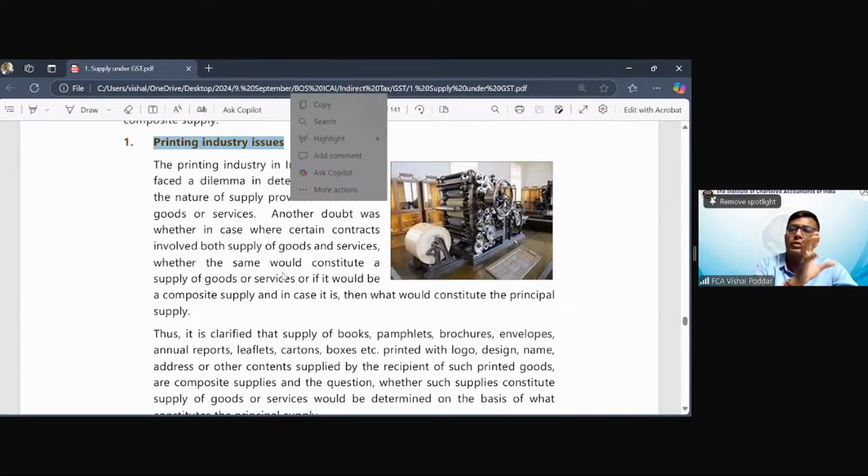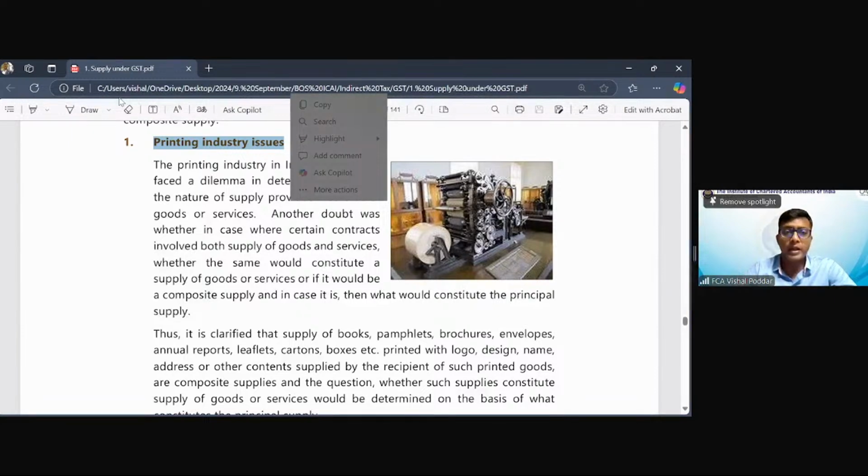And accordingly, the service rate would be applicable, and this whole supply by you will be treated as supply of service, even though you have used your paper and ink, which is material. Second case, where I am, let us say, buying these paper napkins, the boxes, etc. from you, and asking you to print my logo or put my name on that, it will be considered as supply of goods, because in that the goods is the major item, printing is the smaller item.